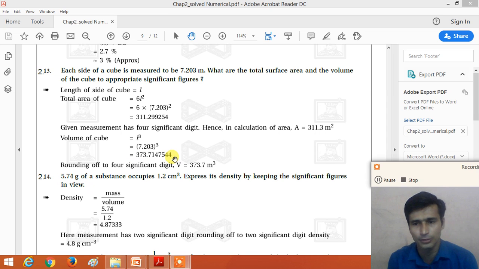If you don't know, see the previous video for the rounding of significant numbers, right? So if we round up this number up to 4 significant digits, we get the answer 373.7 meter cube. So how to round up the values, right? See the previous video first.